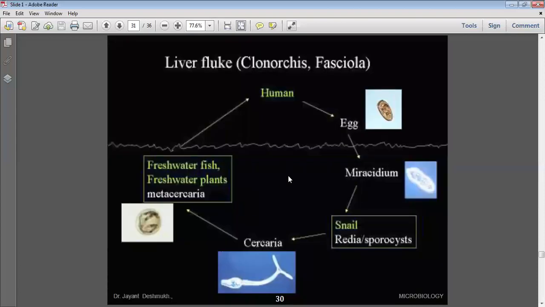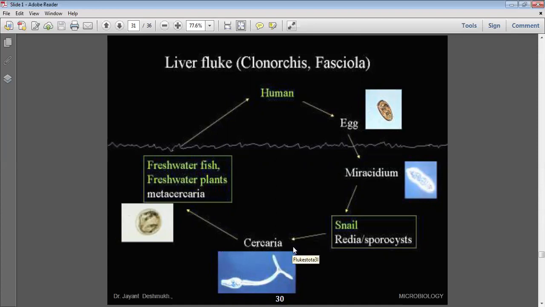Again I am repeating. Clonorchis sinensis first, then Fasciola hepatica. Egg is released in the stool because the worms are present in the bile duct, so they release the egg in the GIT. In this stool, the first larva present, that is miracidium, is released in the environment, in the water. This first larva infects the snail, just like Schistosoma. Then from here Cercaria is released from the snail, and this Cercaria infects the intermediate host.